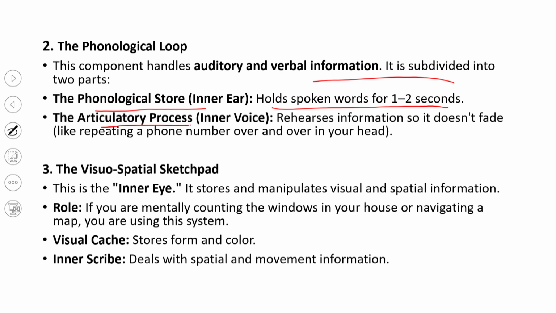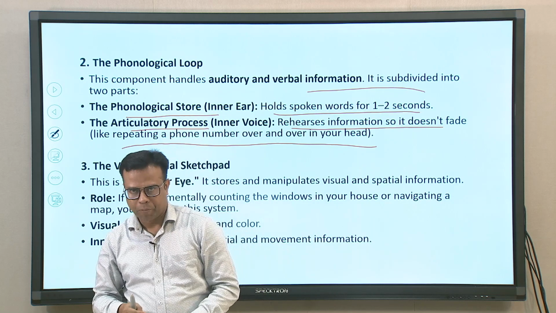It also has the articulatory process, an inner voice that rehearses information so that it does not fade away, like repeating a phone number over and over in your head. So, that is called the articulatory process, the inner voice with which we rehearse. That is the phonological loop. Basically, it takes in whatever we hear, verbal or auditory information. This is a subsystem in working memory.